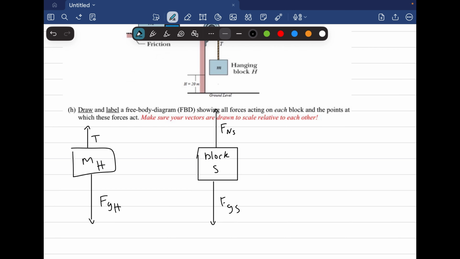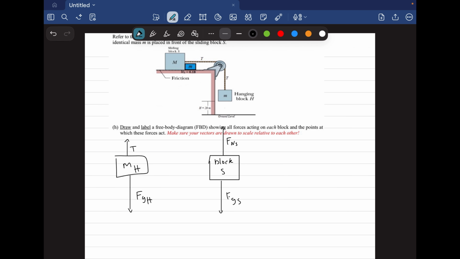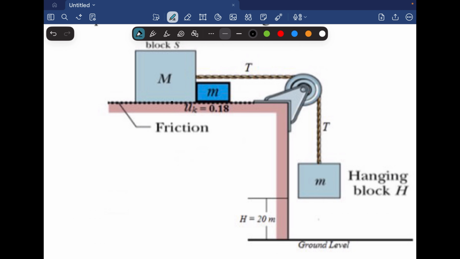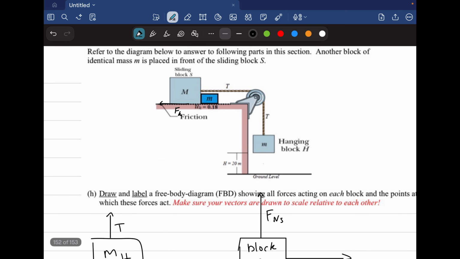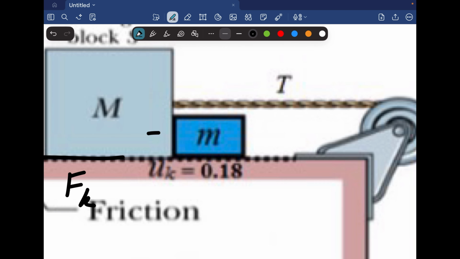And then there's tension pulling it to the right, right? But then there's also friction on the bottom. So friction goes opposite of the motion. And then there's also this contact force between the two, right? F capital M on lowercase m, and then F lowercase m on capital M, right?